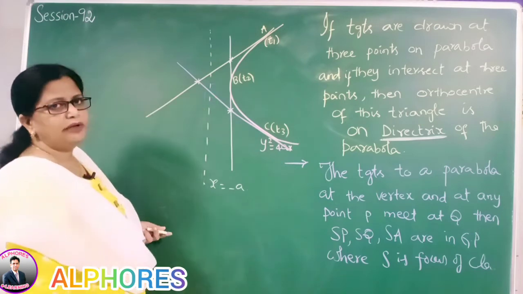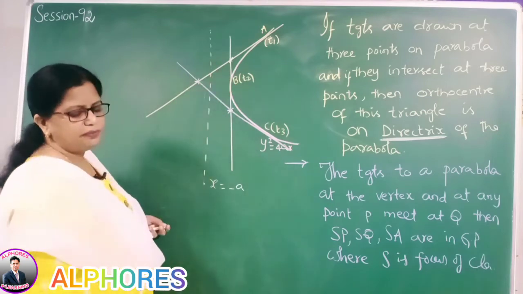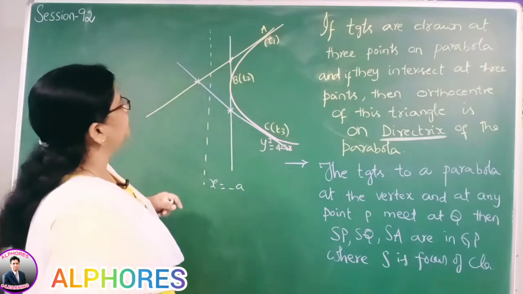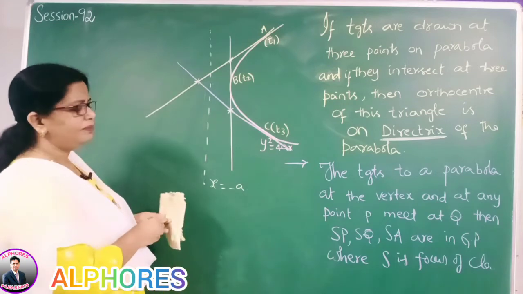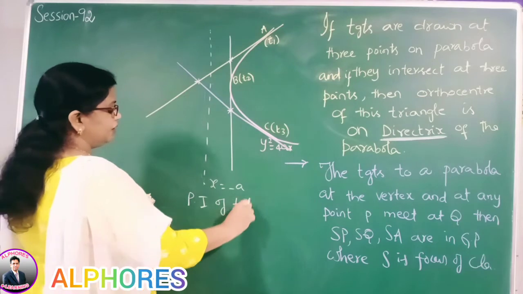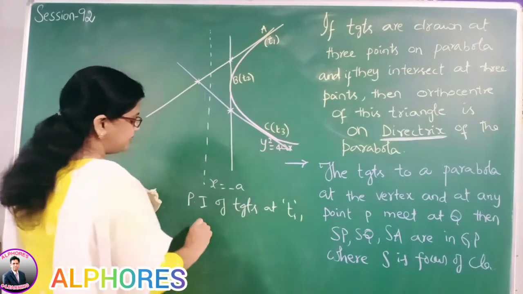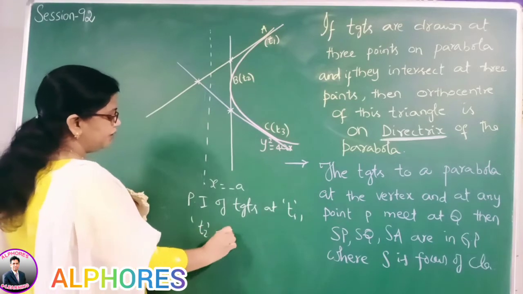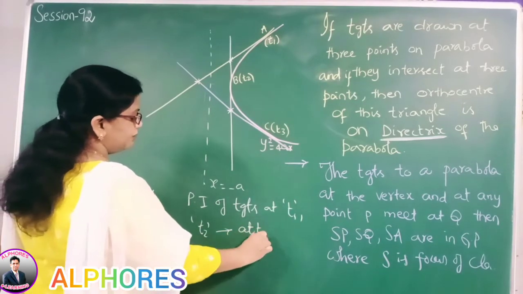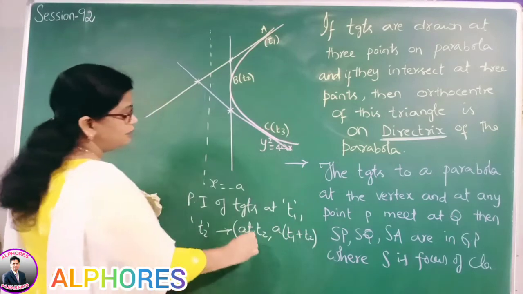It is very small only. Now what is here? The point of intersection of tangents drawn at T1 comma T2. You know the formula, point of intersection of tangents at T1 comma T2. What is this formula here? This is nothing but a T1 T2 comma a into T1 plus T2. So this is our formula, students.